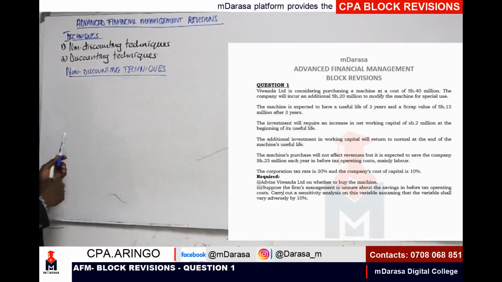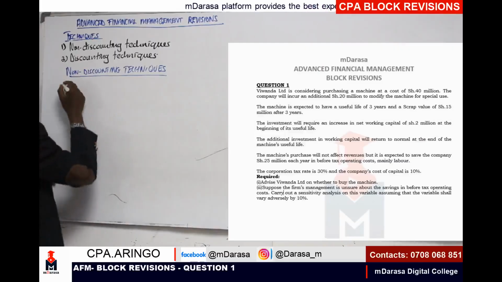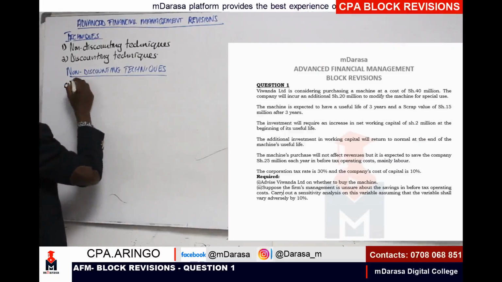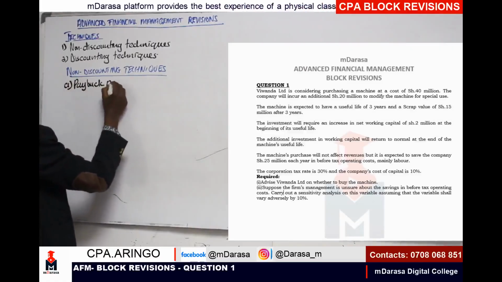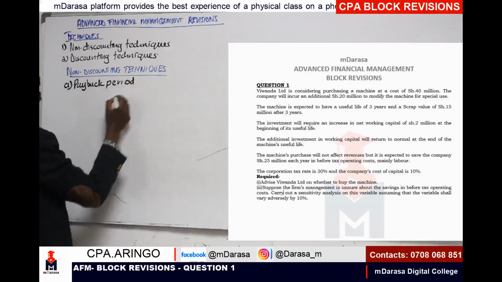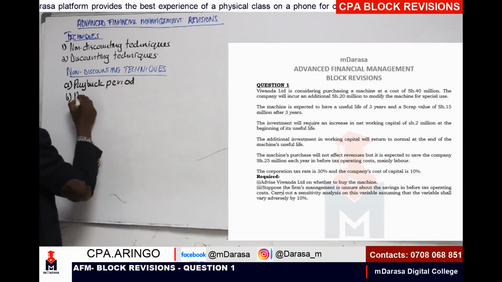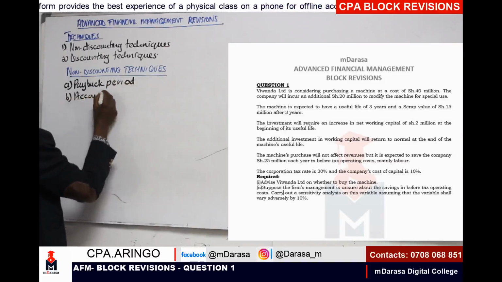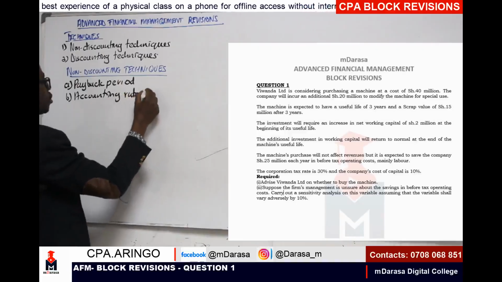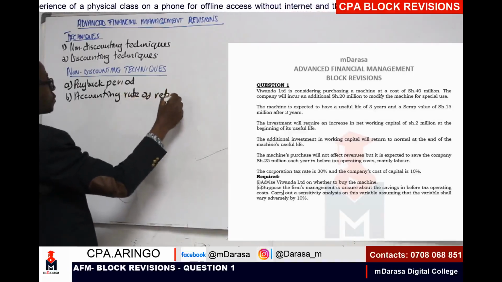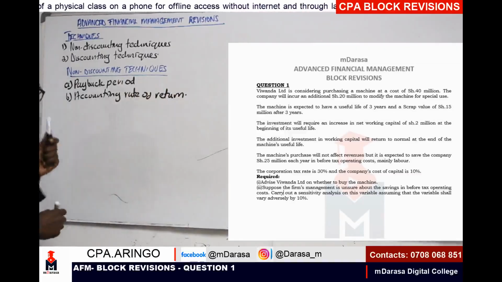That is, number one, payback period. And number two would be accounting rate of return. Okay?